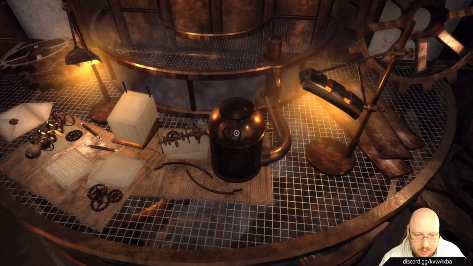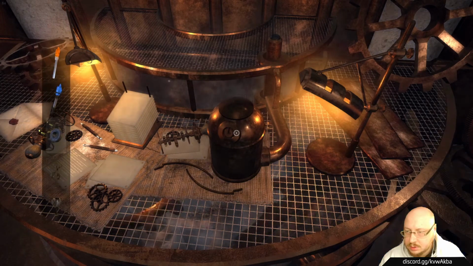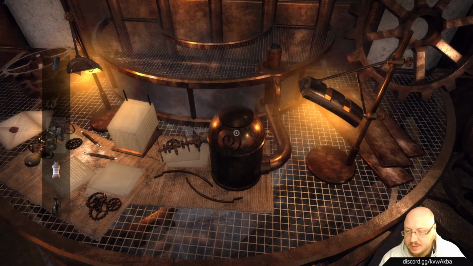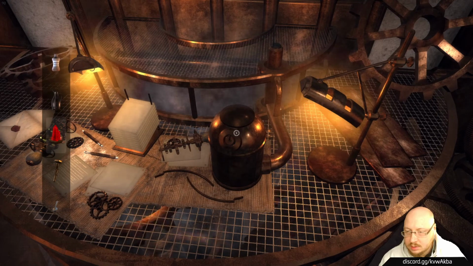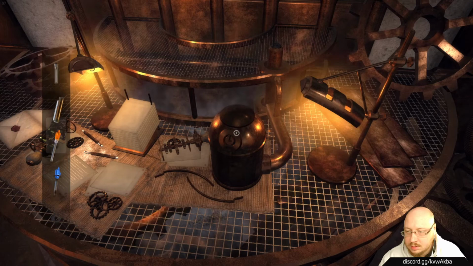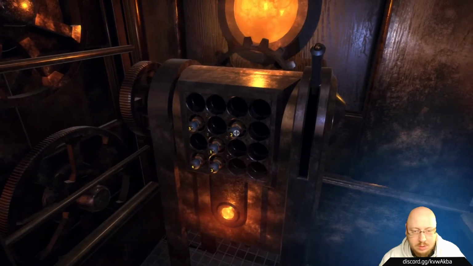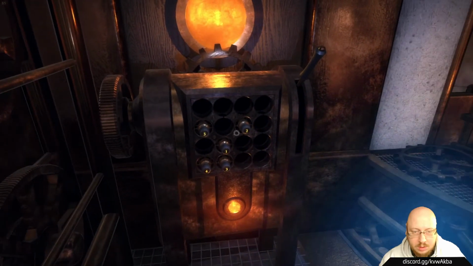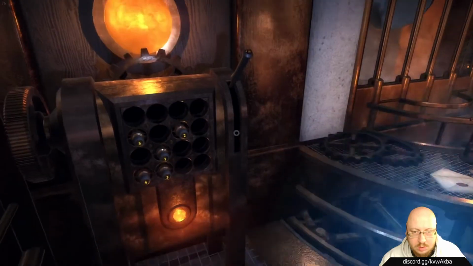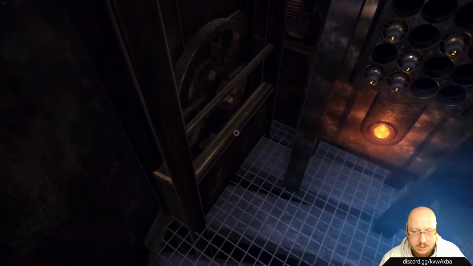Okay. That one's some L-shaped key-like thing. I don't think we have anything like that. Okay.